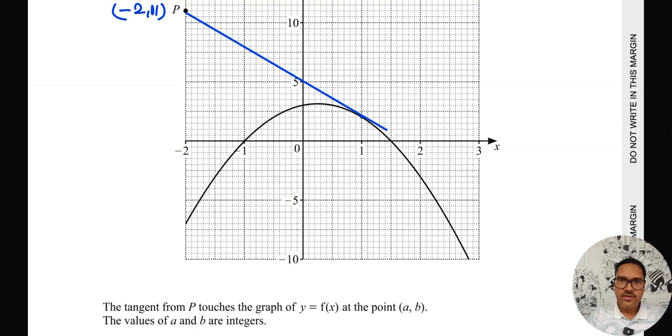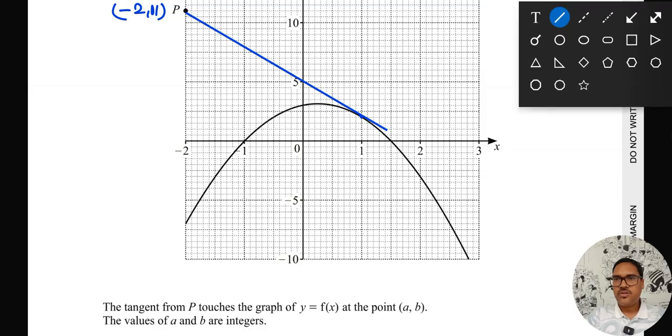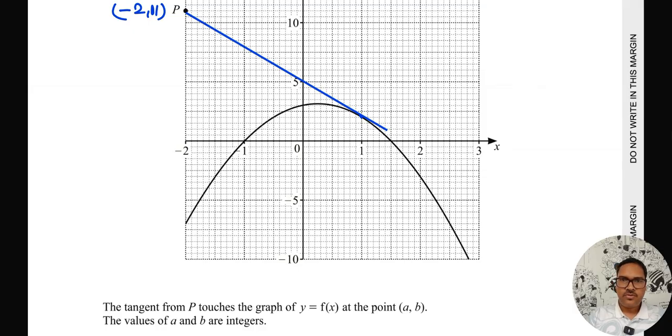You can just draw the line like this and see what this point is. We can see this is 1, and this is 2, so this point is (1, 2).